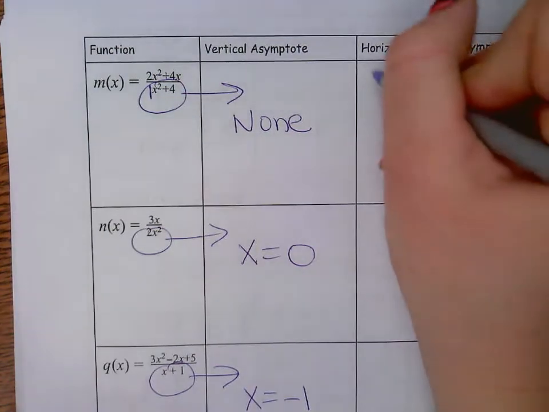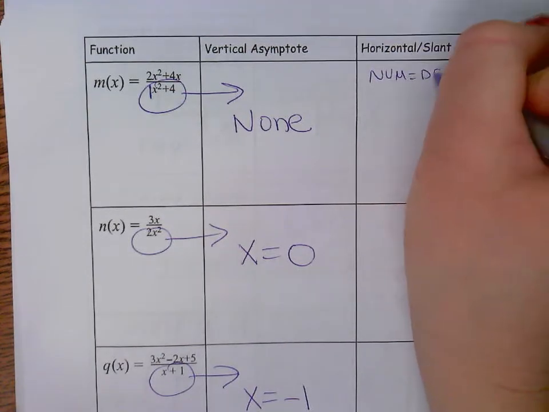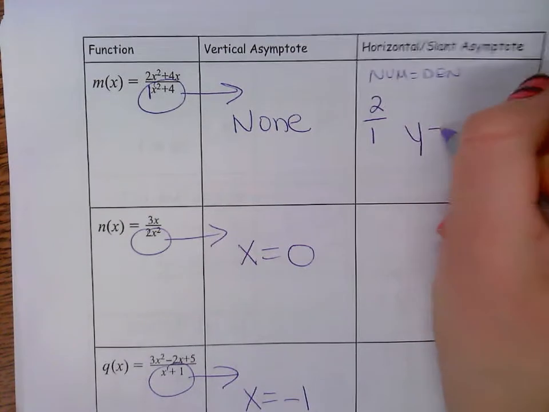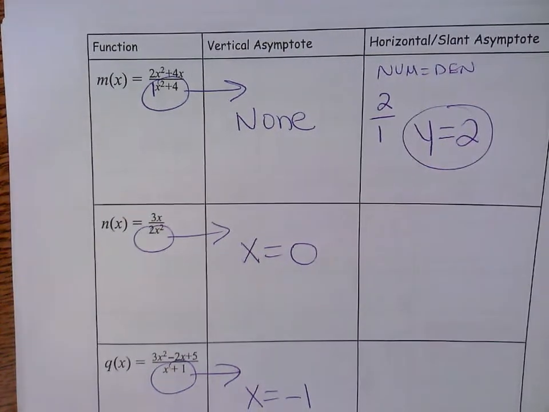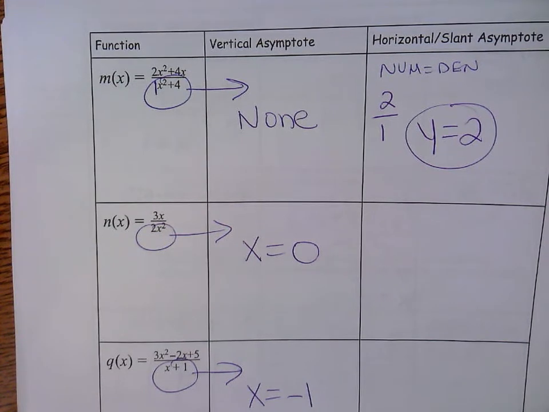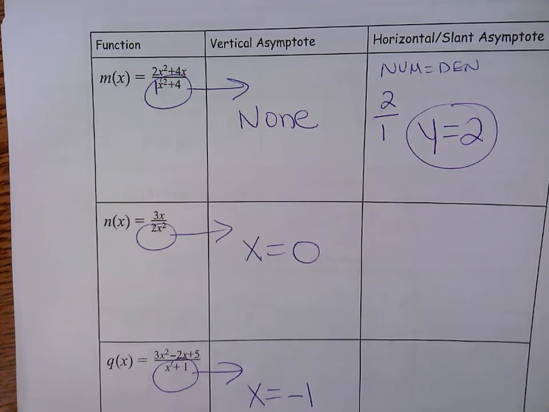So because the numerator equaled the denominator, the answer is 2 over 1. So y equals 2 is how you write your final answer. It's a horizontal asymptote at y equals 2. So that's going to be a horizontal dotted line right through 2.